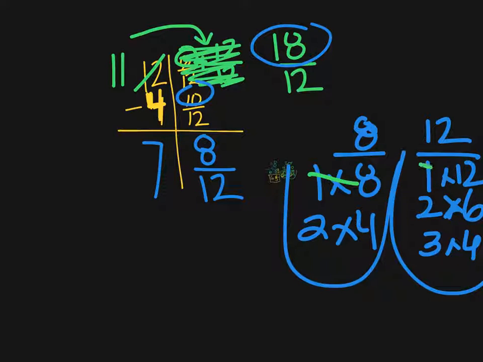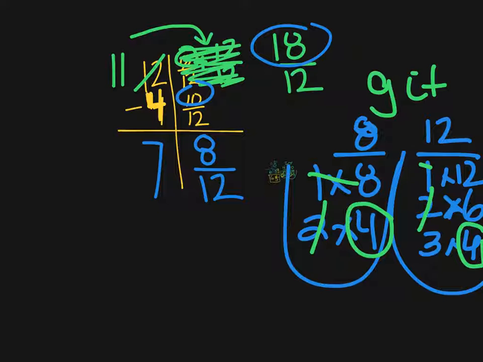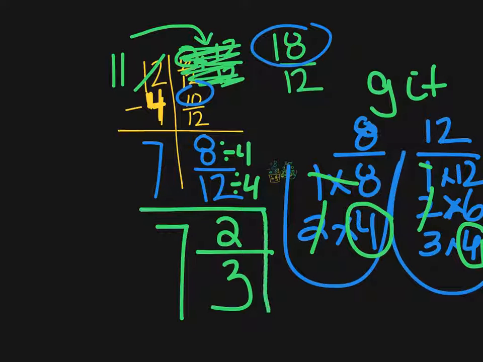Yes, they have 1 in common. I'm looking for the greatest common factor. They both have 2 in common. That's cool. But the biggest, the baddest is 4. They both have 4 in common. So I can divide by 4, divide by 4. 8 divided by 4 is 2. 12 divided by 4 is 3. I have my 7 here, and there you go.